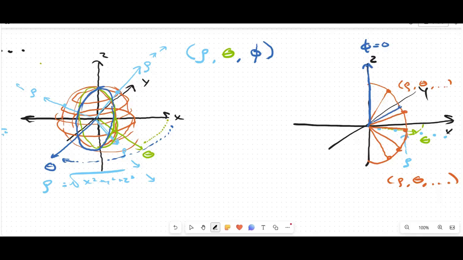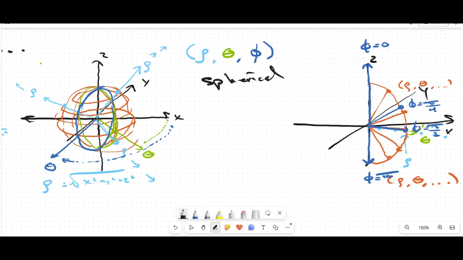Maybe right here would be phi equals pi over 4. This one here is phi equals pi over 2. And the farthest we can go, all the way down here, is phi equals pi. Okay, so that's 3 coordinates: rho, theta, phi, and these are spherical coordinates.